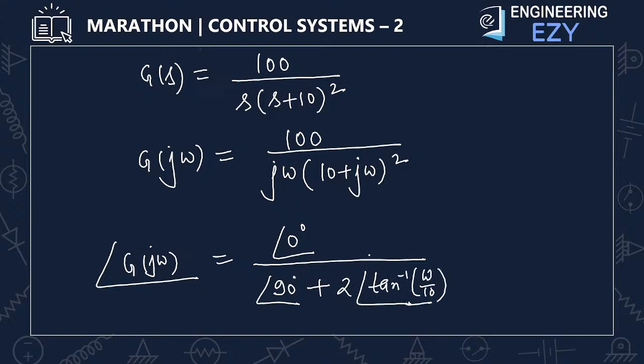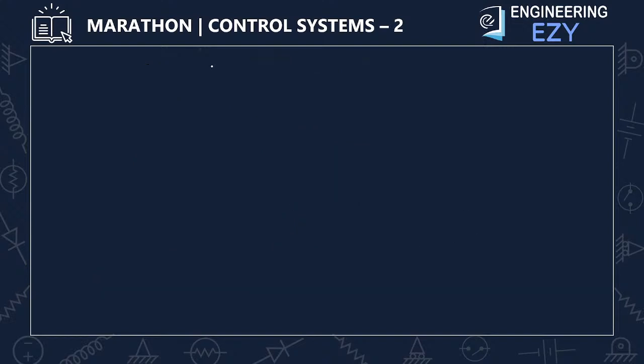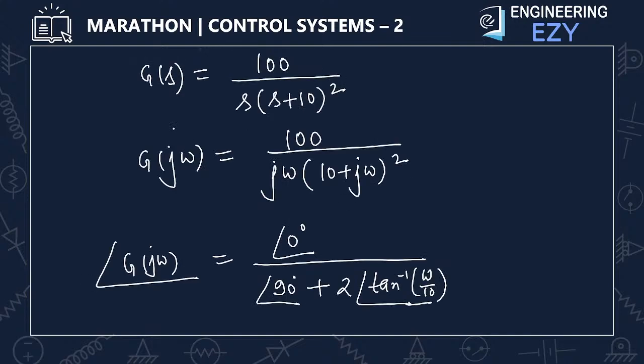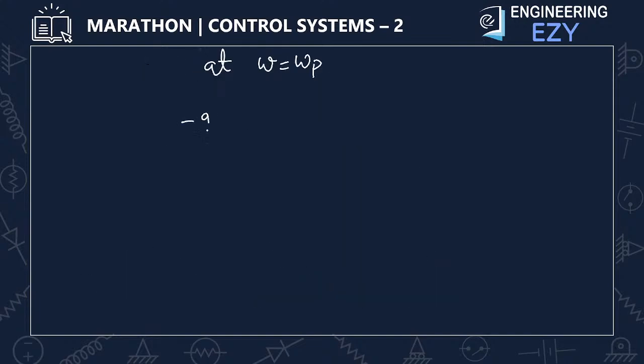At omega is equal to omega p, put this angle equal to minus 180. So minus 90 minus 2 tan inverse omega p by 10 is equal to minus 180.